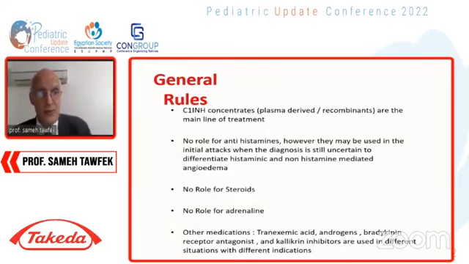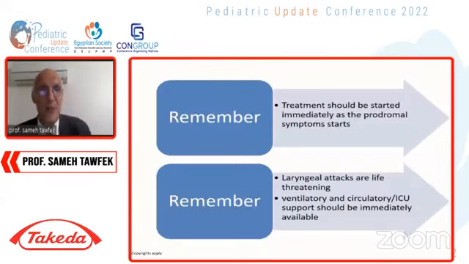No role for corticosteroids, no role for adrenaline or epinephrine. Other medications such as androgens, bradykinin receptor antagonists, and kallikrein inhibitors are used in different situations with special indications. We have to remember, treatment should be started immediately as prodromal symptoms start to appear.